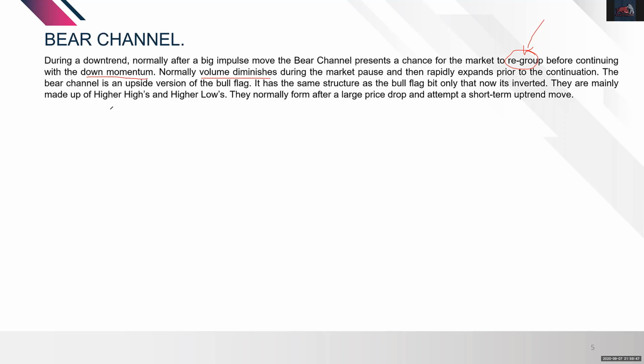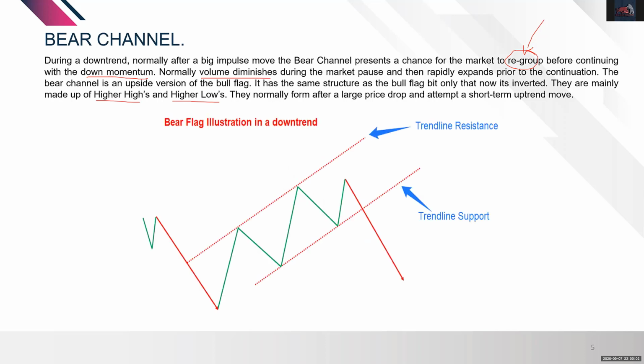They are mainly made up of higher highs and higher lows. They normally form after a large price drop and a short attempt to the upside. So here's an illustration of a bear flag, right? We've got the red lines, these two lines here.